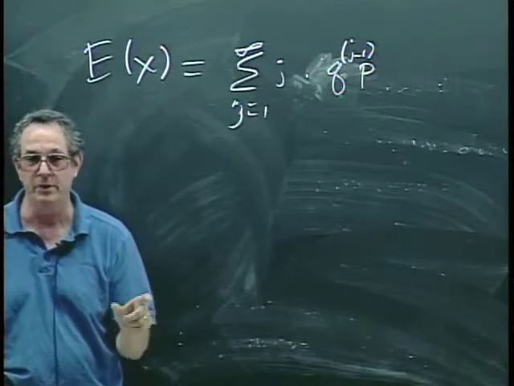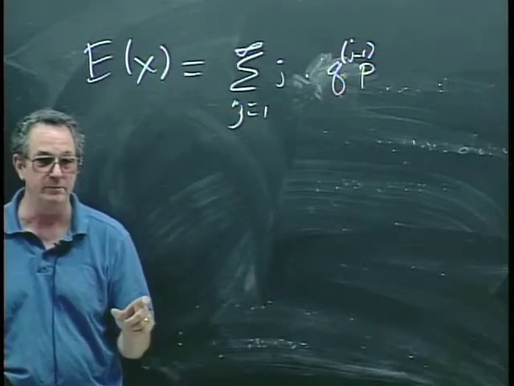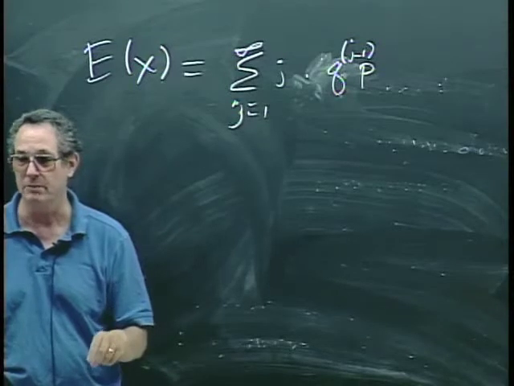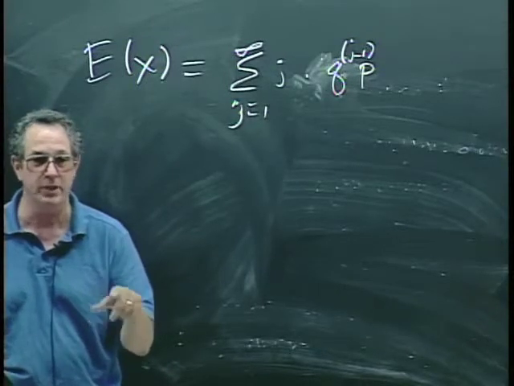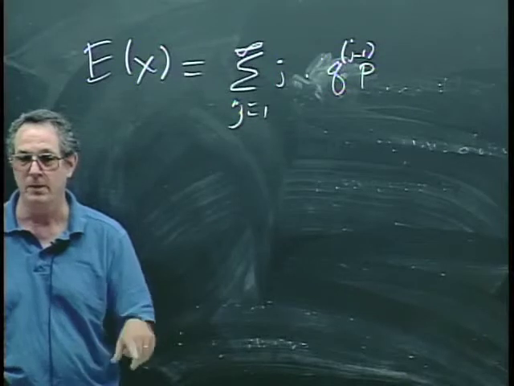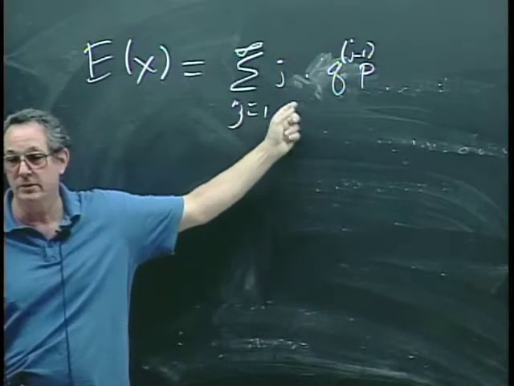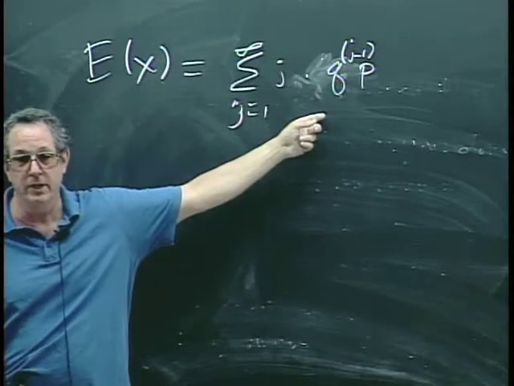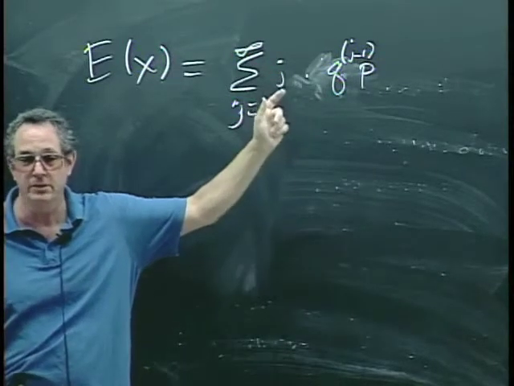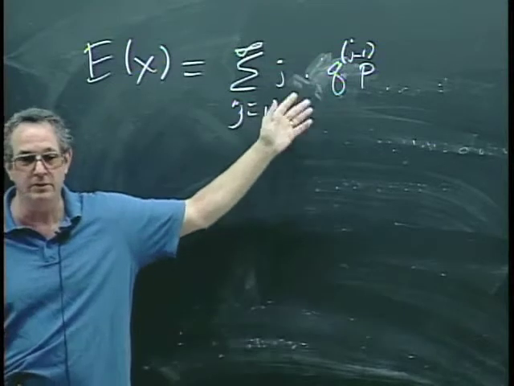There's a chapter on expected value, on page 38, I believe, in the class website. It shows the complete derivation of what this sum is, and it uses a little trick of calculus, differentiation, and some other little sums.